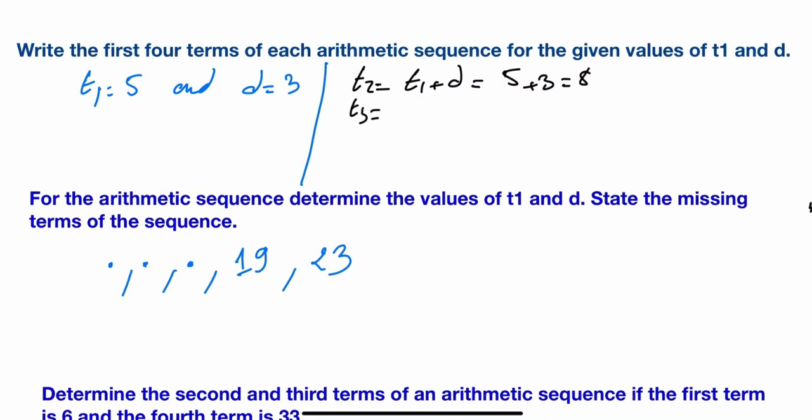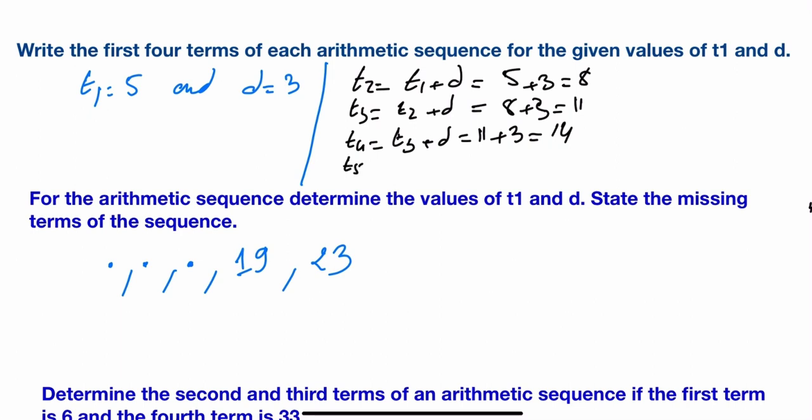T3 is T2 plus D, which is 8 plus 3, which is 11. T4 is T3 plus D, which is 11 plus 3, which is 14. T5 is T4 plus D, which is 14 plus 3, which is 17.